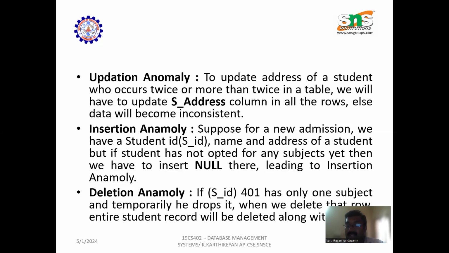Deletion anomaly: if a student has only one subject and temporarily drops it, when we delete the row, the entire record will be deleted along with it from the table. This is the process of the anomalies.